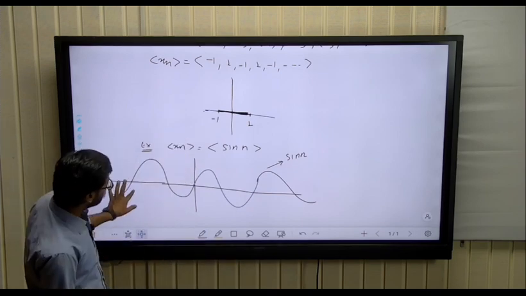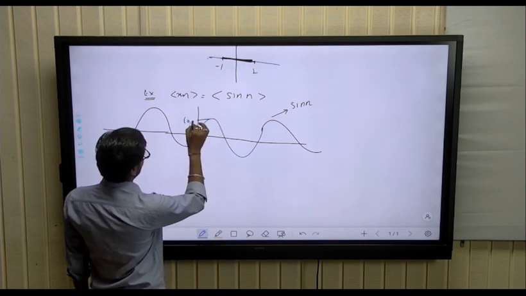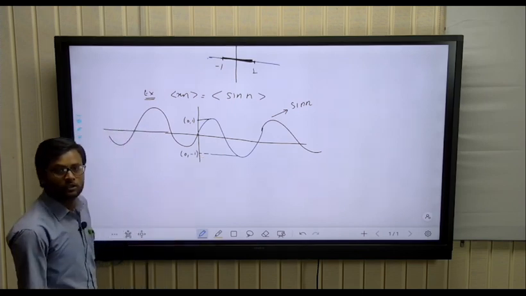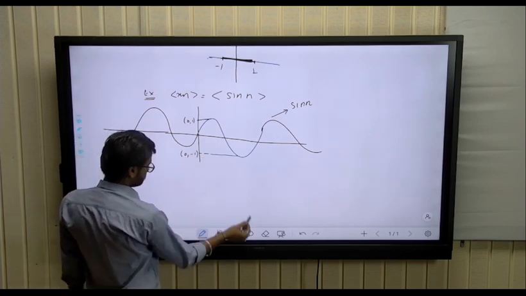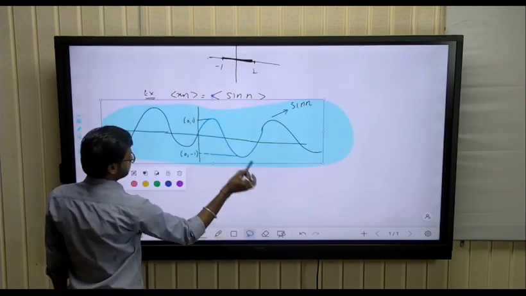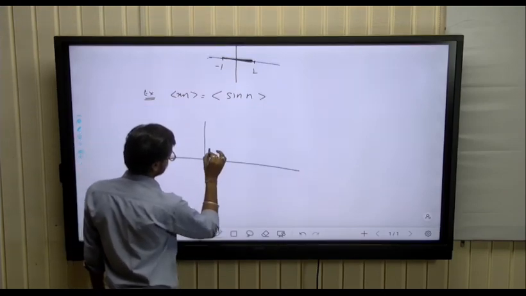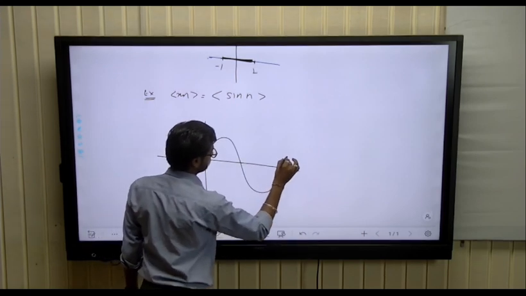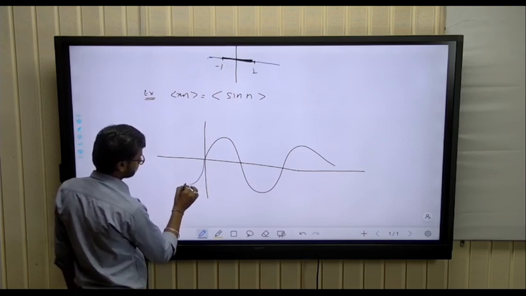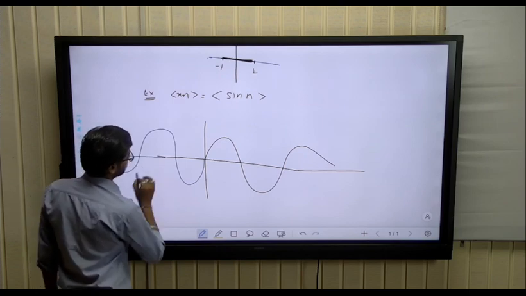Okay. Here we notice that the highest value of sin x is 1, and the lowest value of sin x is minus 1. I draw the graph carefully because I see one thing in the graph.